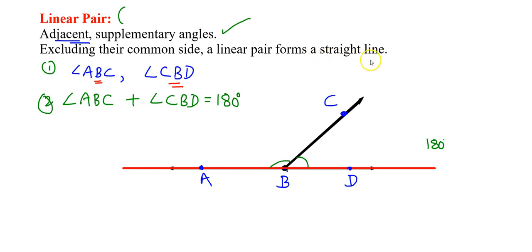It is a single straight line. When you exclude the common side that is BC, if it is taken away, the resulting figure is a straight line, right? So that is the property of a linear pair, right?